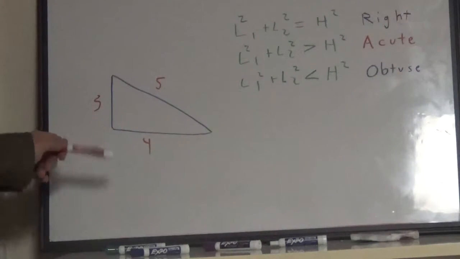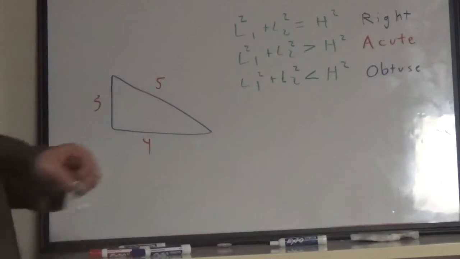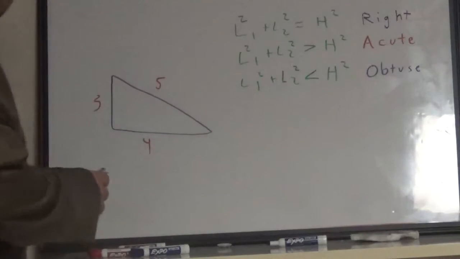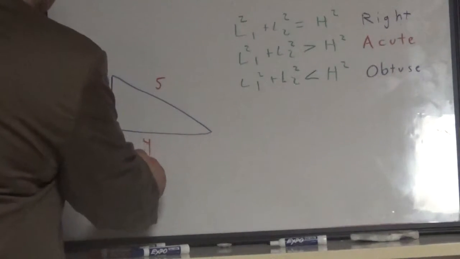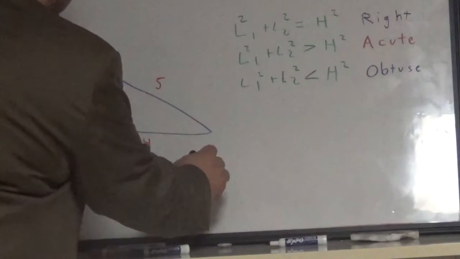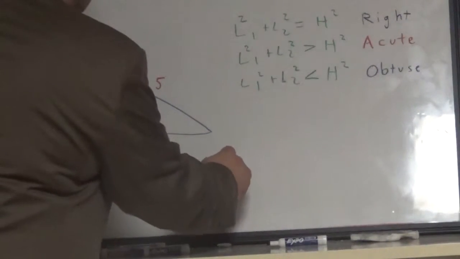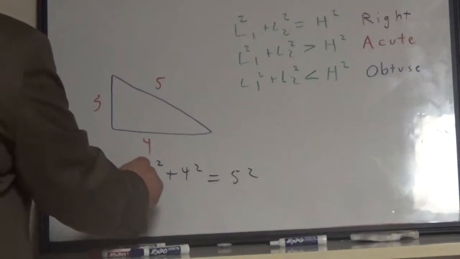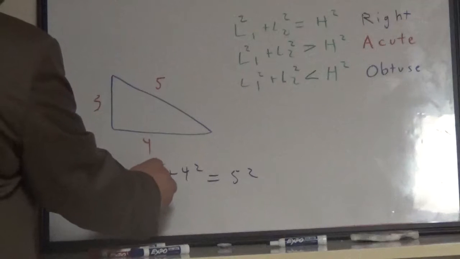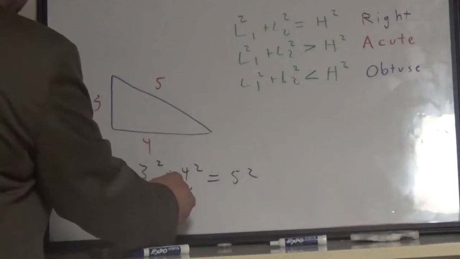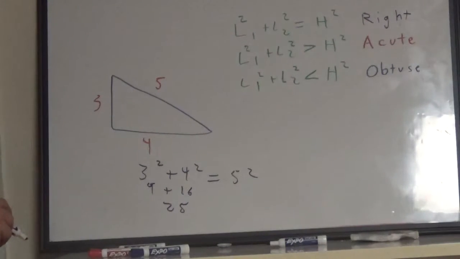Now use this example, 3, 4, 5. This is the classic 3, 4, 5 right triangle. And if we do 3 squared plus 4 squared, we get 5 squared. 3 squared is 9. 4 squared is 16. 9 plus 16 is 25.